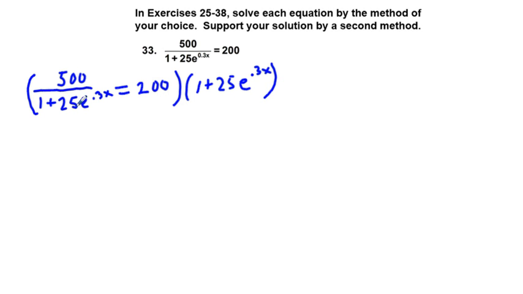And we multiply this quantity, they're going to cancel. So we're going to have 500 is equal to 200 times quantity 1 plus 25e to the 0.3x power.